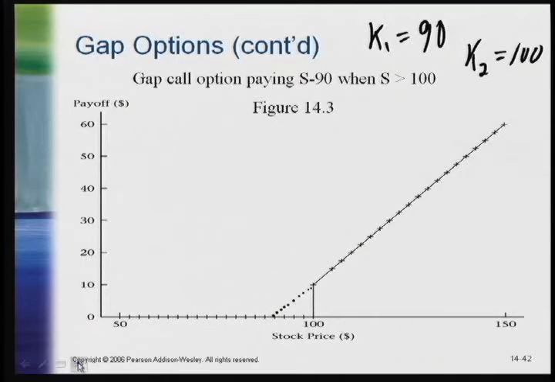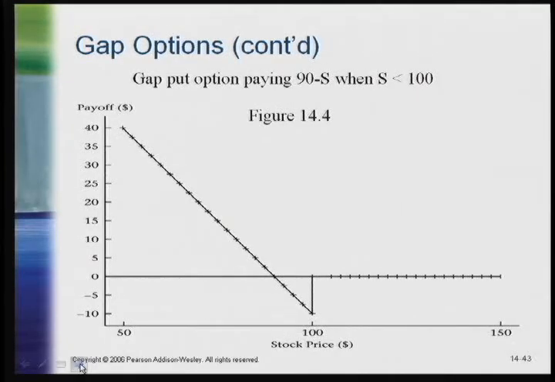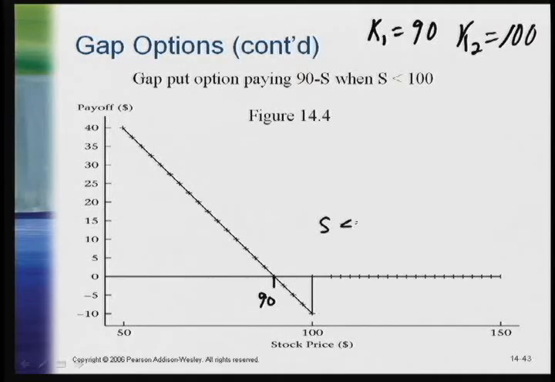The next is a case where it becomes apparent that the payment to the holder can be a negative number. So here I have K1 is 90 and K2 is 100. So we see, and here's 90, we see that in fact this option, quote unquote, costs the holder money if the stock price is in between 100, which is K2, and 90, which is K1.